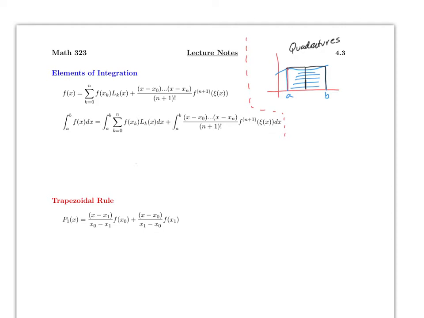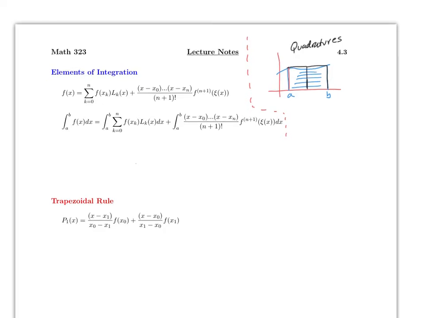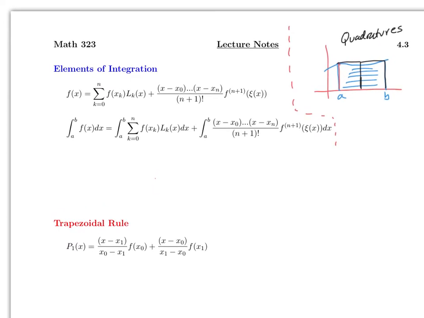Now recall, just like what we did for numerical differentiation, the f of x can be written like this in terms of Lagrange polynomials, where this is the error. In section 4.1 we took the derivative, so now we integrate.